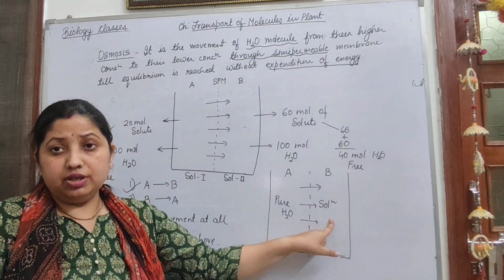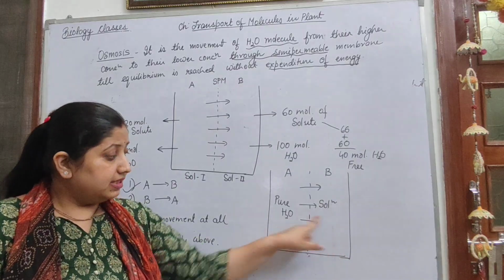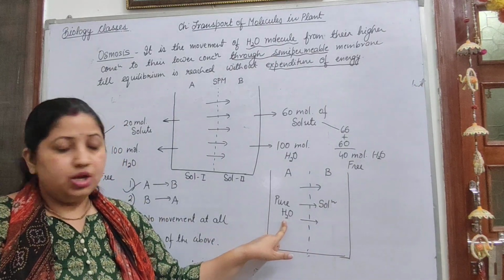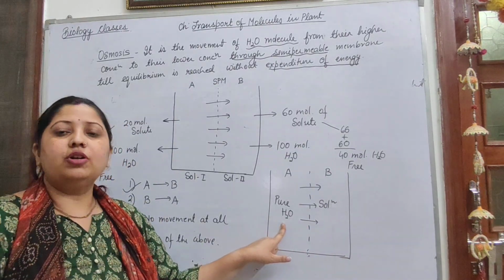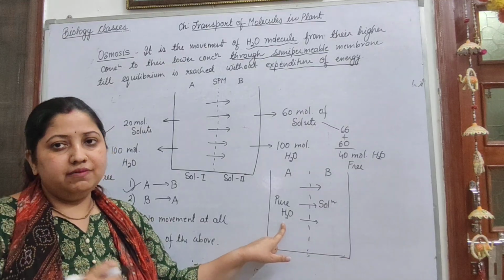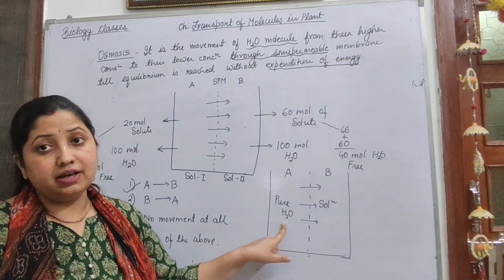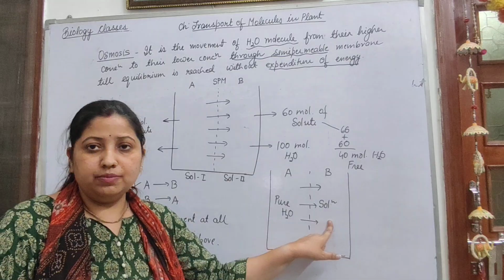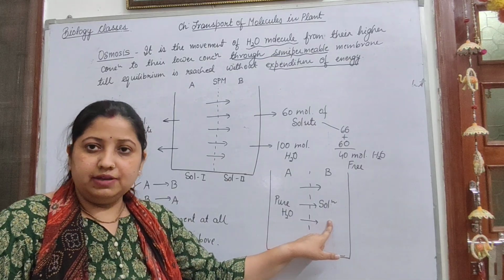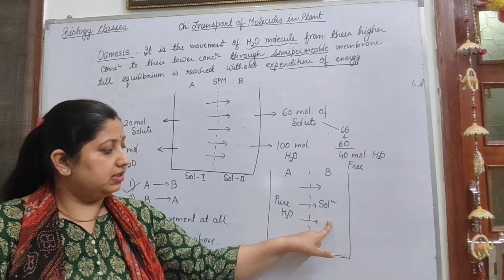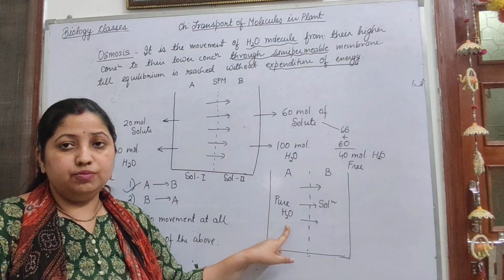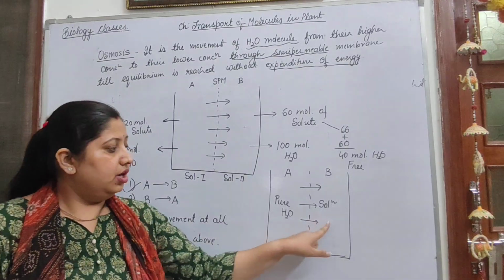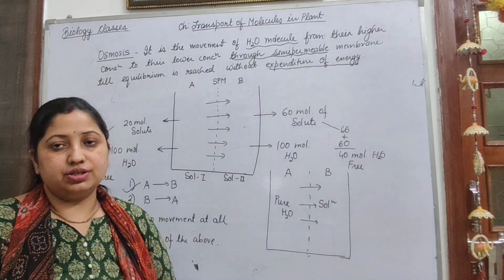So the water molecules are not free as in the case of pure water. That is why where the water molecules are more free, it will be higher concentration, and where fewer water molecules are free, it will be lower concentration. So the water molecules move from their higher concentration to their lower concentration.